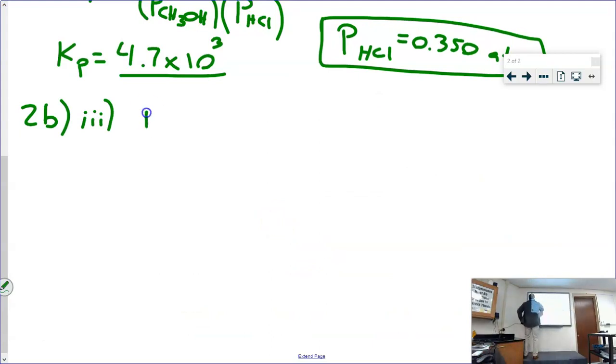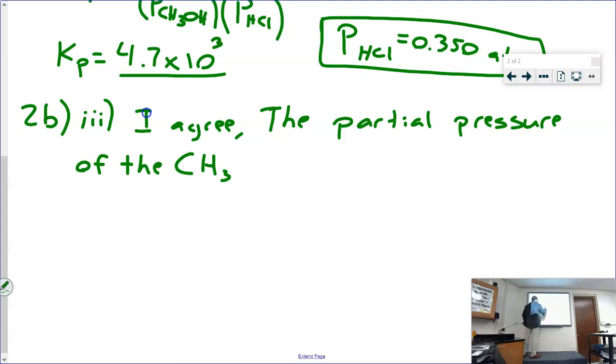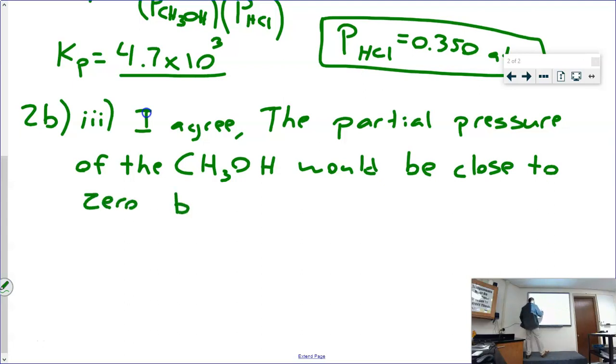So I agree. The partial pressure of the methanol would be close to zero, but not exactly zero.